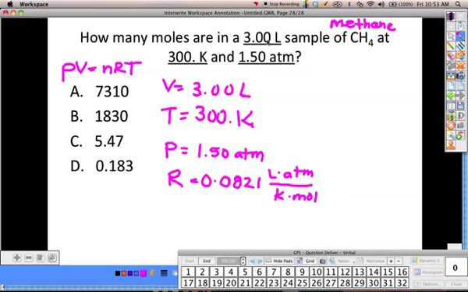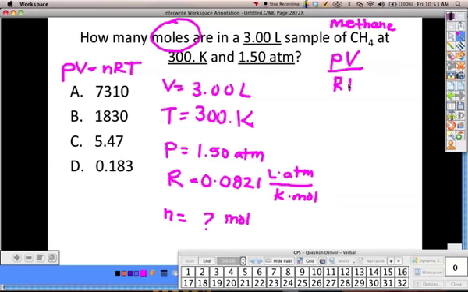And I am looking for moles, which is good because that's the only thing not already written up here. N is equal to some unknown number of moles. I want to get moles all on its own, so what do I have to do? Divide by RT, good. So PV over RT is going to be equal to the number of moles.